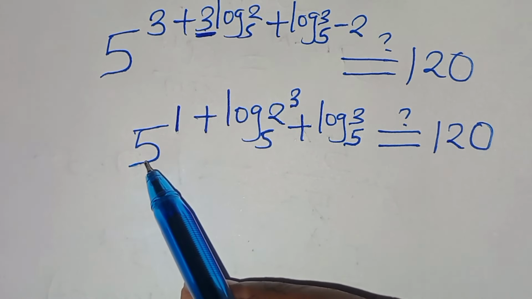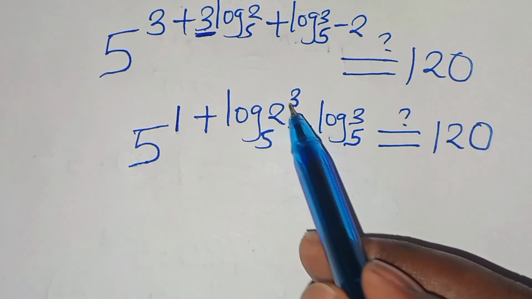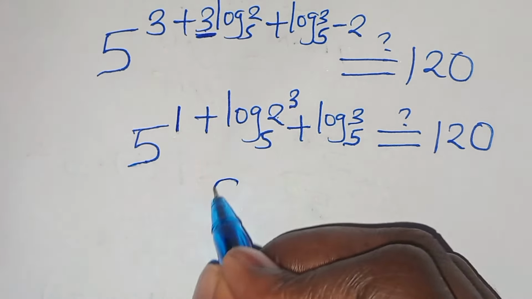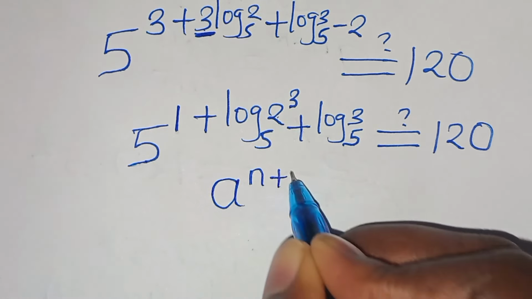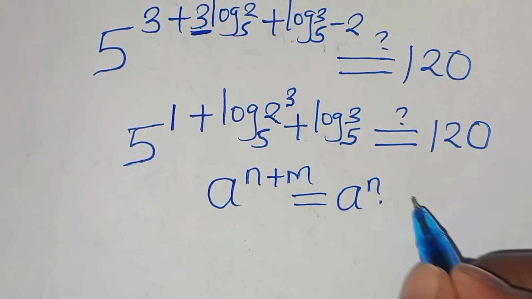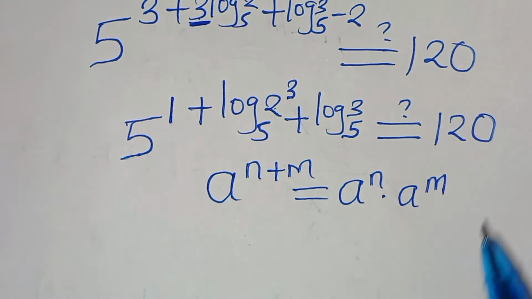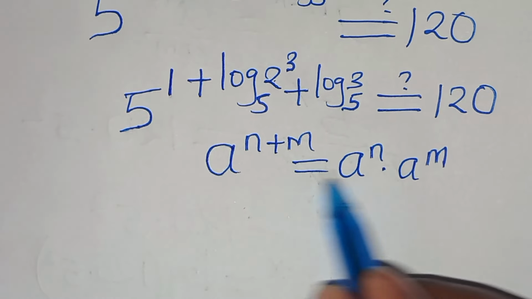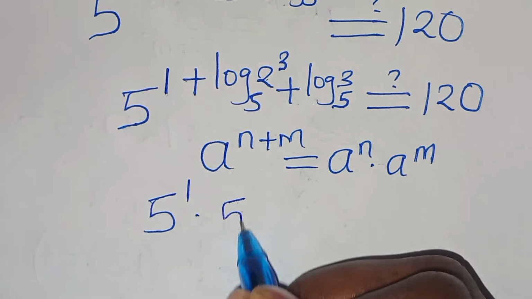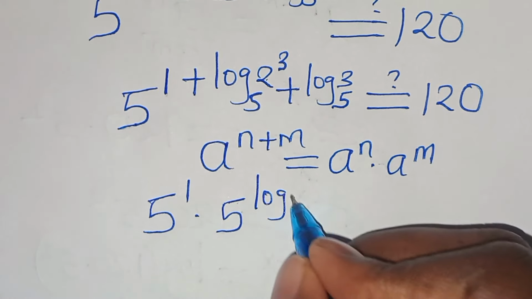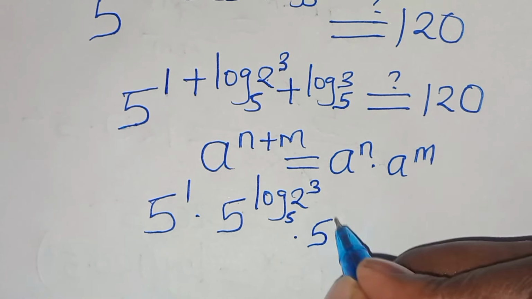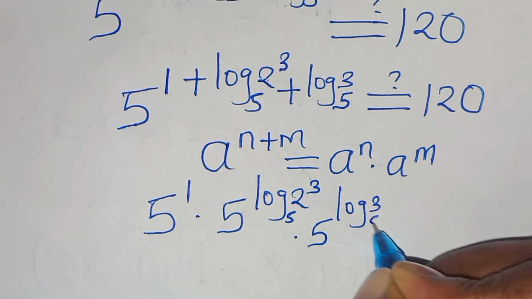So 5 to the power of 1 plus log 2 to the power of 3 to base 5 plus log 3 to base 5. This is in the form of a to the power of n plus m, which we can express as a to the power of n times a to the power of m. Applying this exponent property, then we have 5 to the power of 1 times 5 to the power of log 2 to the power of 3 to base 5 times 5 to the power of log 3 to base 5.